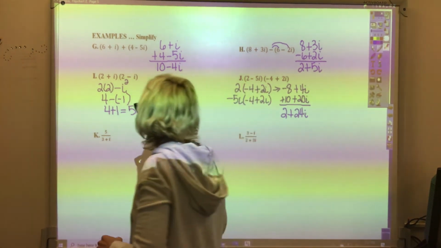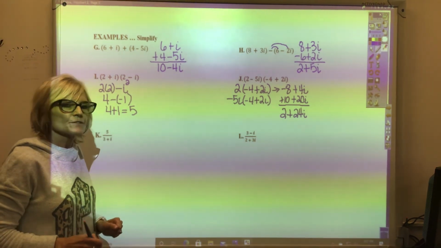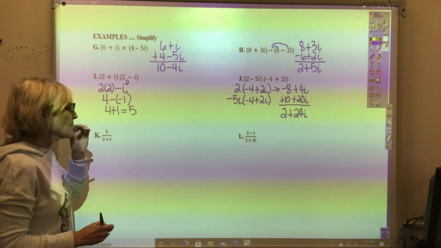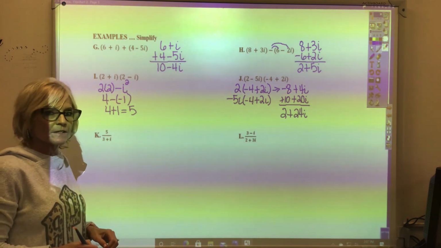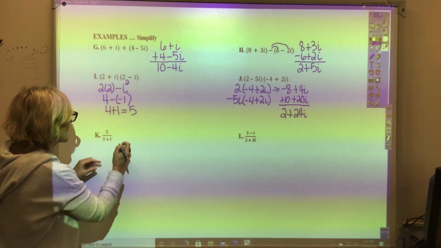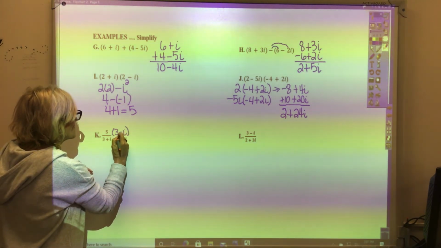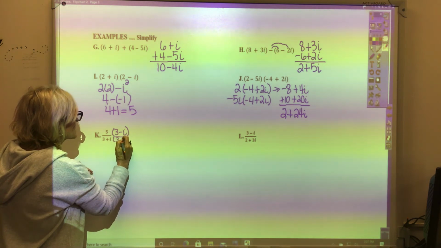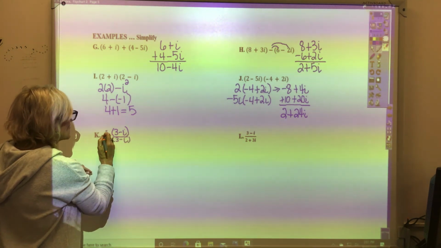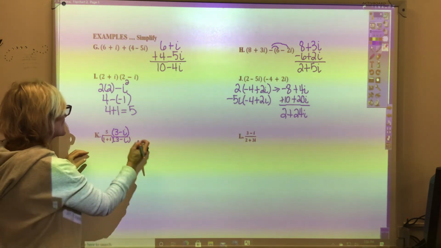Now, the bottom two, we're still going to be using multiplication, but we have to multiply the top and the bottom both by the conjugate of the bottom. The conjugate of the bottom would be 3 minus i. So we multiply the top by 3 minus i, and we multiply the bottom by 3 minus i. And I like to go ahead and group my terms in parentheses for when I FOIL.